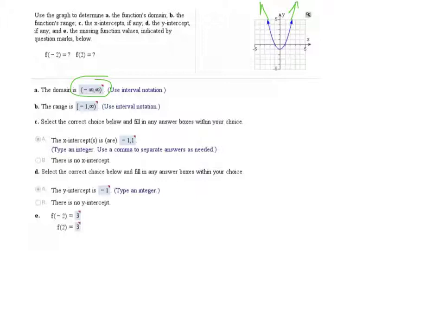The range is the numbers that we get from our y-axis. So we're looking for the lowest number that it goes to. And that number, I didn't hit it again, great, but it's at -1. And it actually does hit there. It's a solid line there. So the lowest point is -1.